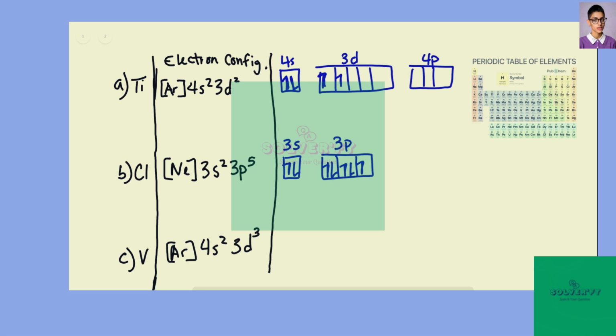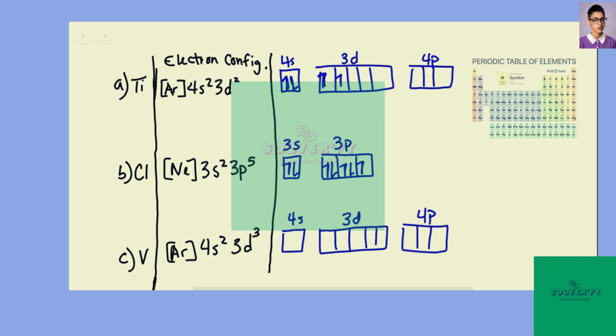Coming back to finish off vanadium. All right, we have 4s. Isn't a space? There we go. 3d, and then finally 4p. We want to go all the way to 3d, so we have 4.